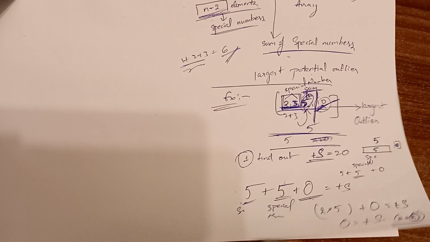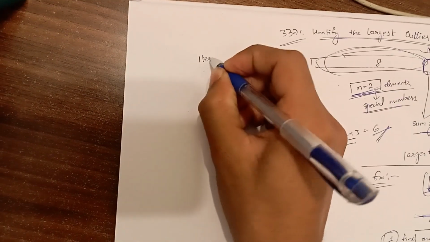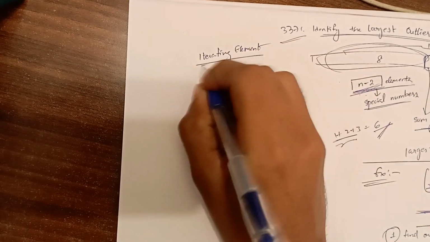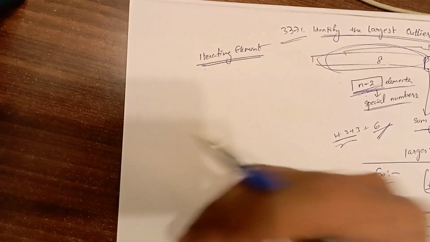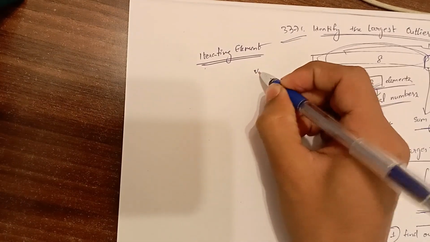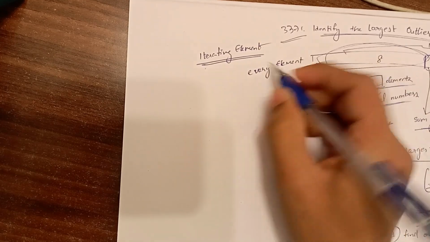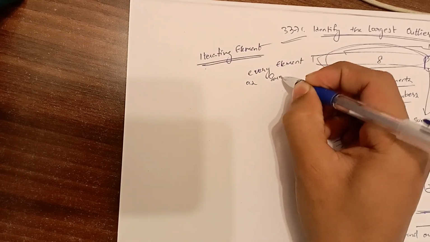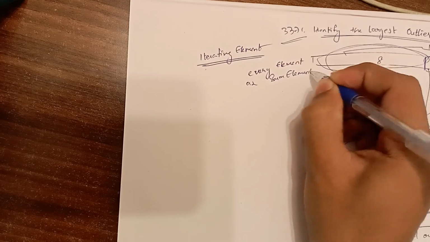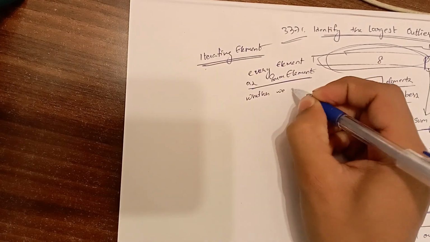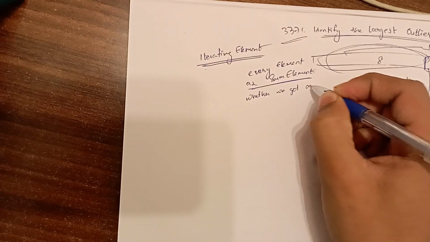Now what is 5 here? 5 is our iterating element. So we iterate through our nums and take every element as the sum element, and check whether we got an outlier.